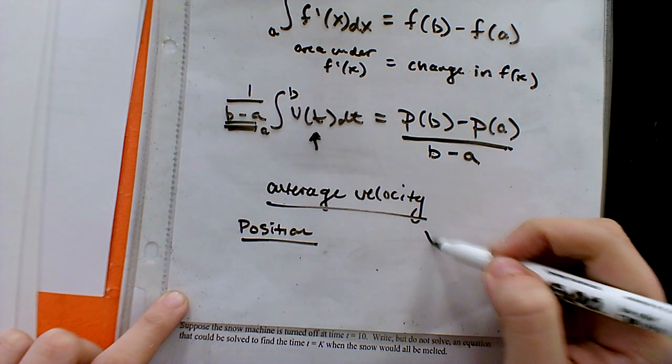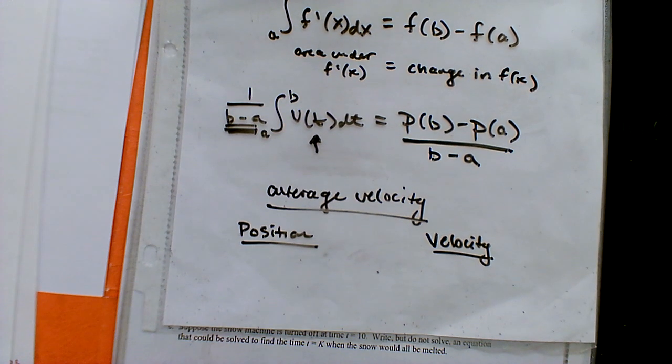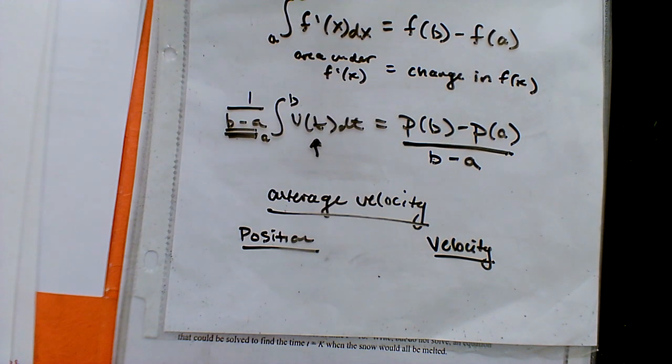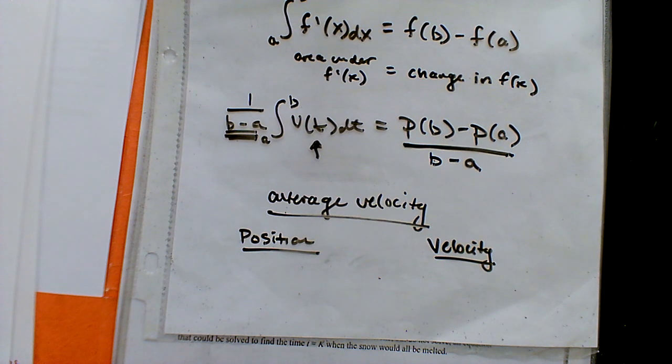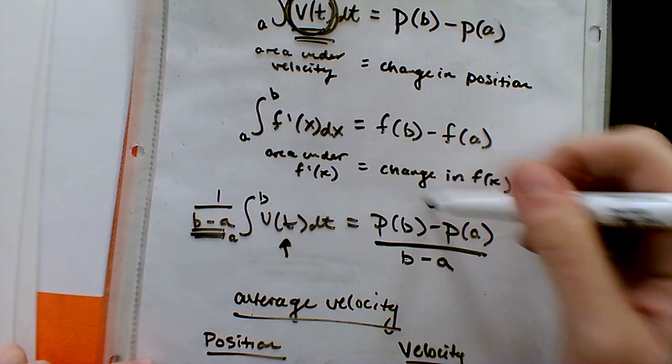How would I find average velocity if I know the velocity function? We're going to find the same value, but the math would be different depending on the information we have. Yeah? If you have a position, you can use the right side of the equal sign. Just plug in the... Right.